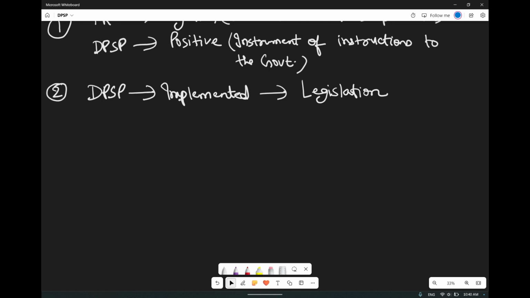But fundamental rights are already provided in the constitution.